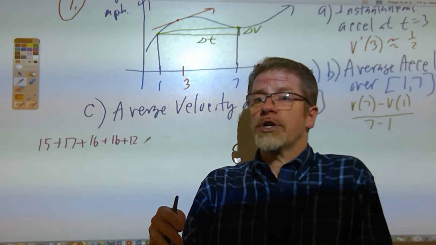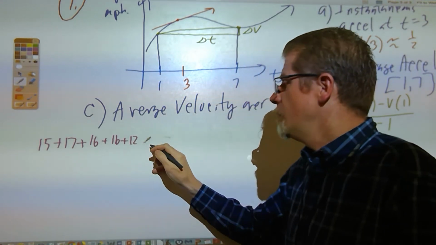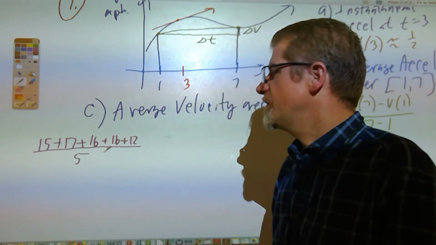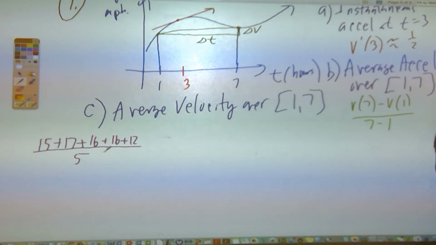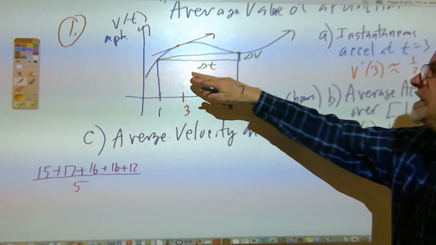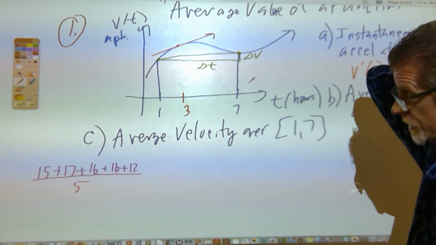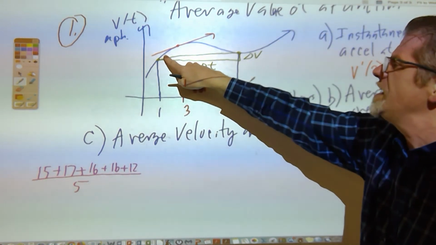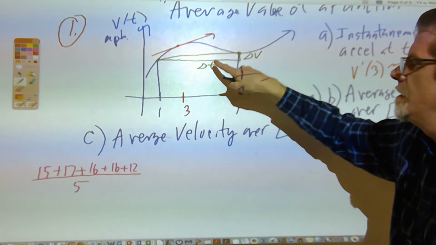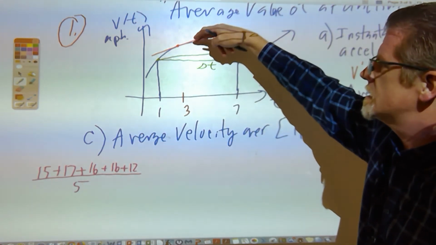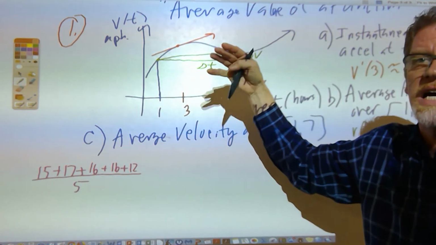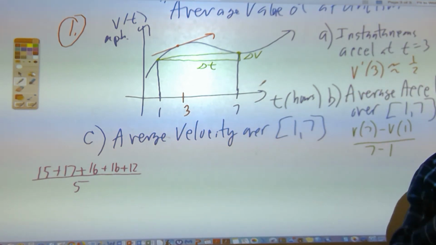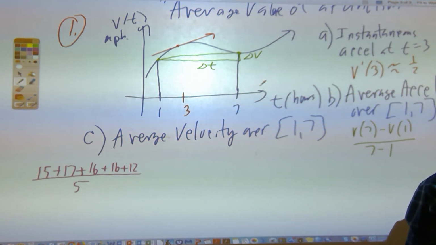Well, to find the average of a finite number of numbers, we just add up the numbers divided by the total number of numbers. Notice how much more difficult average velocity is. There's an infinite number of velocities between, let's say this is 40 miles per hour, 60. There's an infinite number of velocities in between.